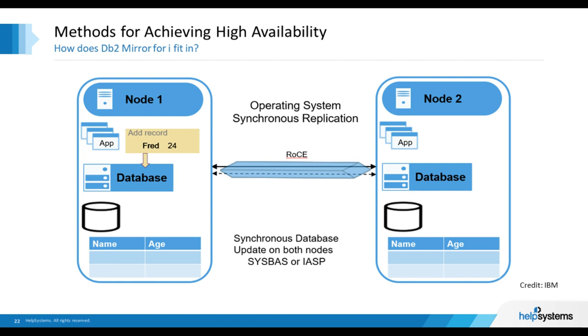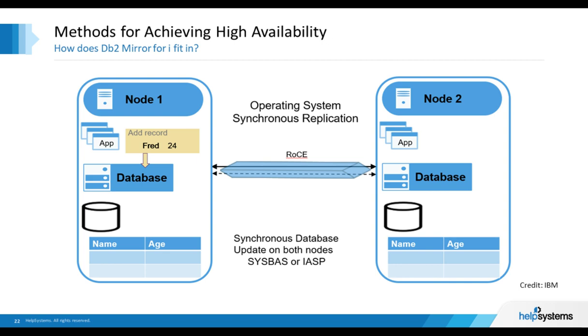So when I think of this, I think about banks and other institutions where 5 minutes of downtime a year is totally unacceptable. So Db2 Mirror for I is two nodes in the same data center, typically, that allow your applications to read and write to two databases at the same time. This bit's key, at the same time.